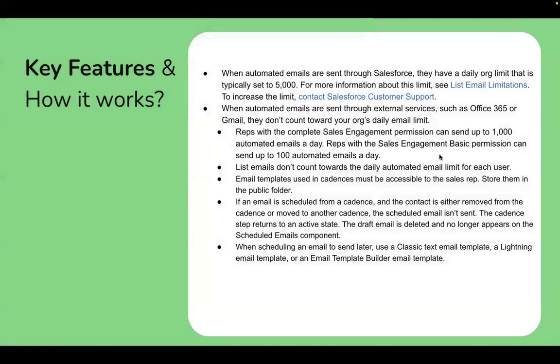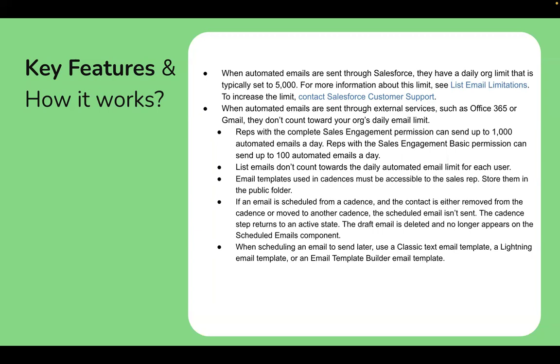Now let's look at the key features and how it works. The automated emails which are sent through Salesforce have a daily org limit of 5,000 emails, and this can be increased or decreased based on the org type or licensing that they have. And in order to increase this limit, they have to reach out to Salesforce support. The emails can be sent through Outlook, Gmail, whatever way of email communication they have configured in the system.